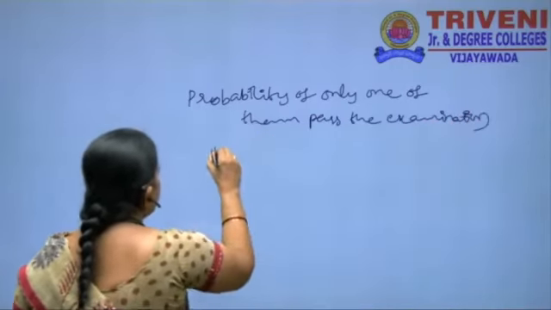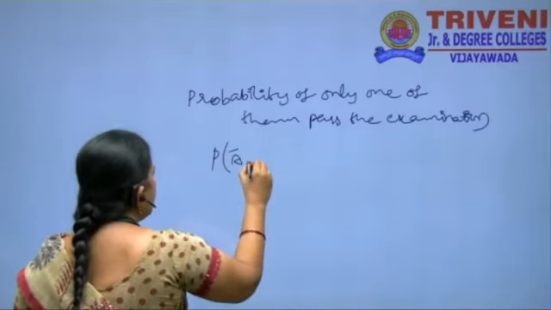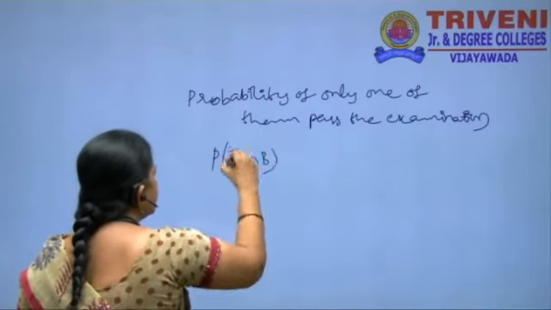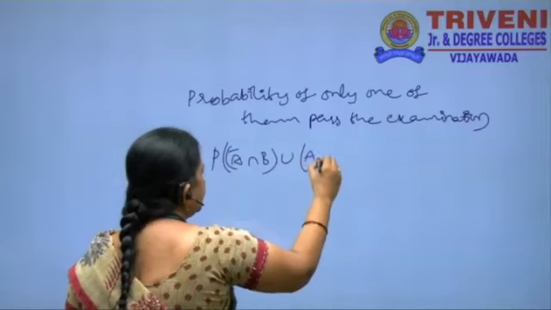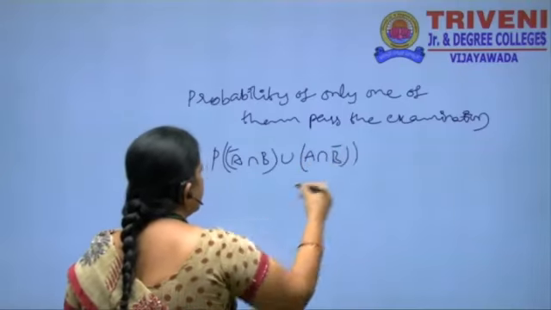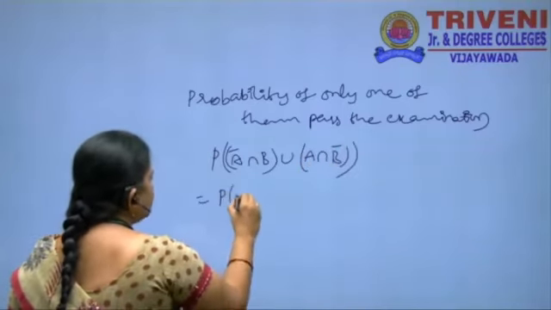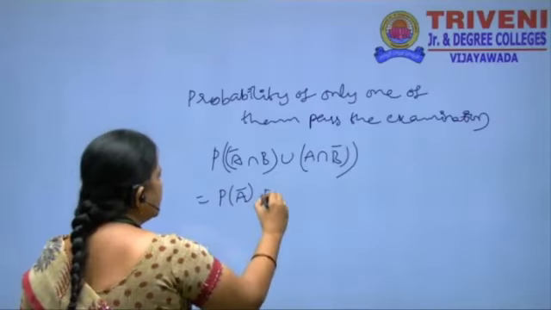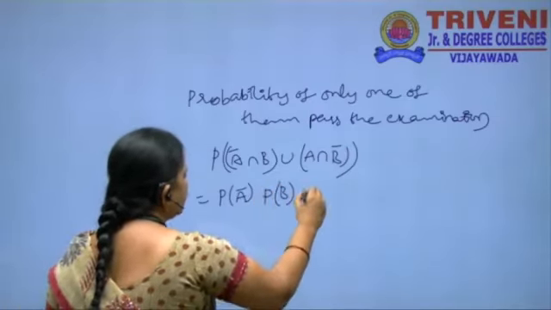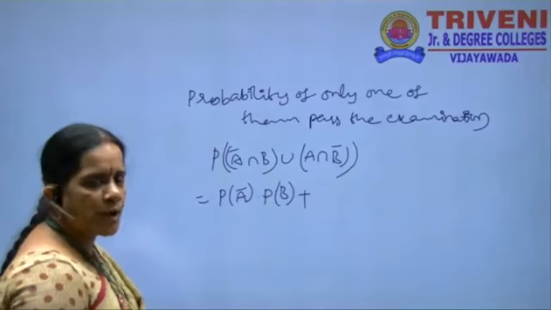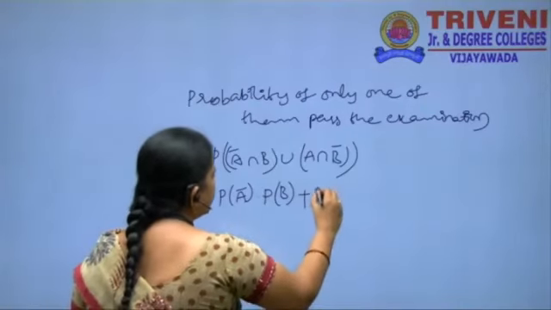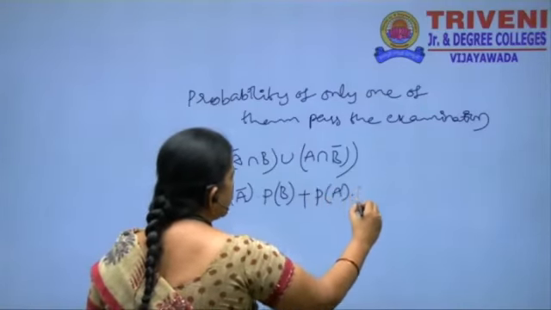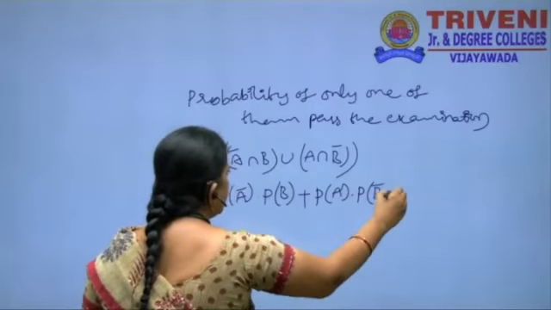We take P of A bar intersection B union A intersection B bar. It can be written as P of A bar into P of B plus, since union is there, applying the probability we get plus P of A into P of B bar.